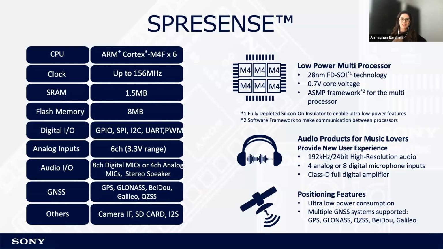Or other applications that need high resolution audio, Spresense is a suitable board for it. And then GPS is already integrated, you don't need an antenna, and you can create applications like drones, logistics, and those kinds of applications where you need to find out where the location is.